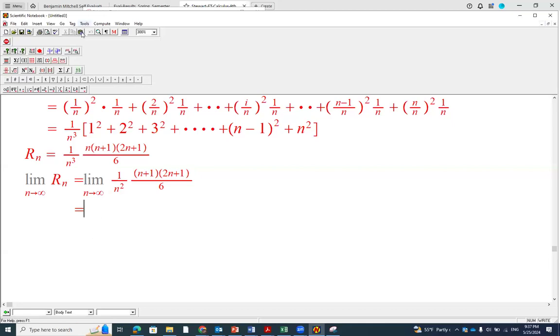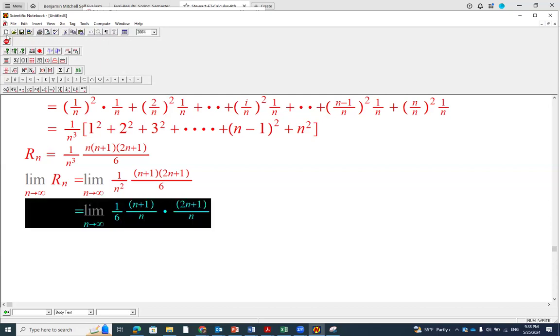So the limit is here. 1 over 6 is put on the side, and for n plus 1 and 2n plus 1, we're going to split it. So this is n, this is n.